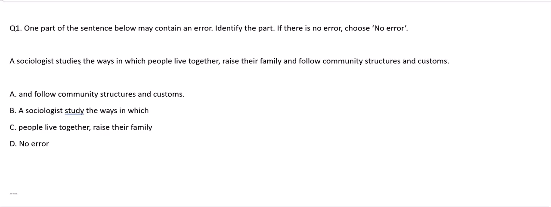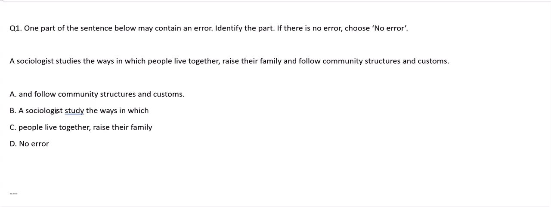Studies. Studies is a singular verb, whereas study is a plural verb. Subject verb agreement means a singular subject is followed by a singular verb, and a plural subject is followed by a plural verb. This is called subject verb agreement.